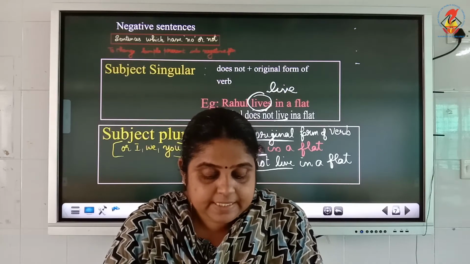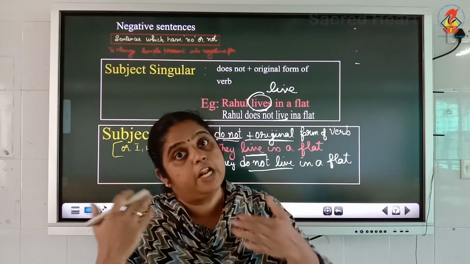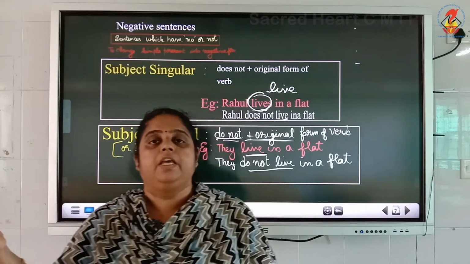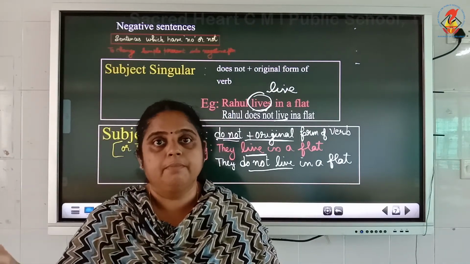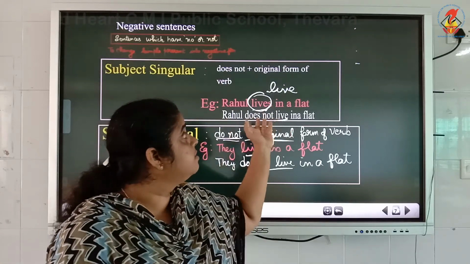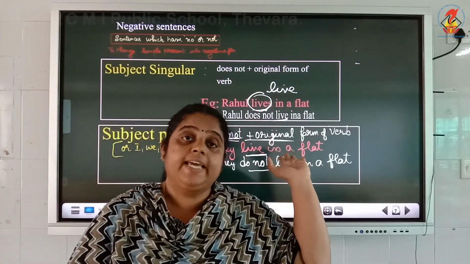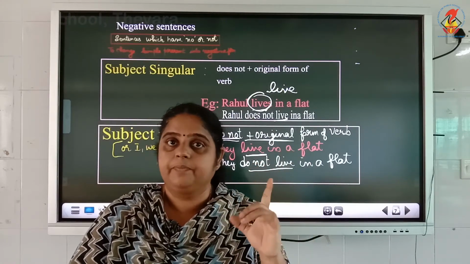First one, the cycle belongs to him. Which is the verb in that? Yes, belongs. Belongs is the verb. So, how can you convert belongs into a negative form? The cycle. Is it singular? Yes.